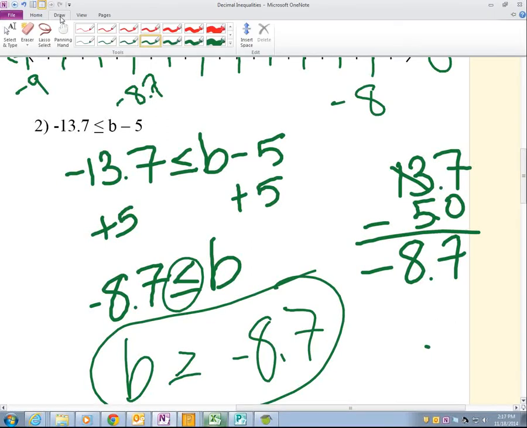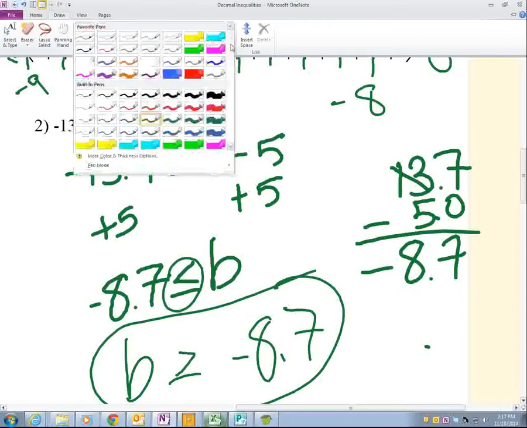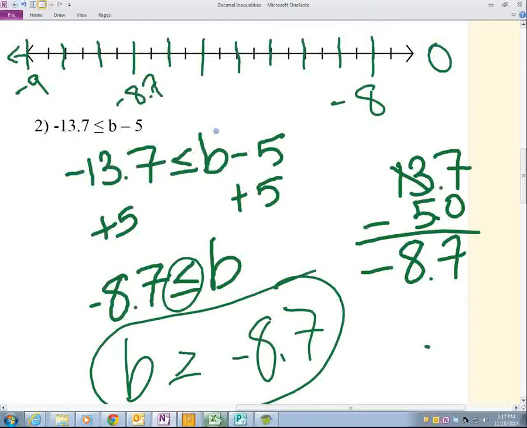McGuire, what's going to go onto my negative 8.7? Is it going to be a circle or a filled in circle? Why? Good.